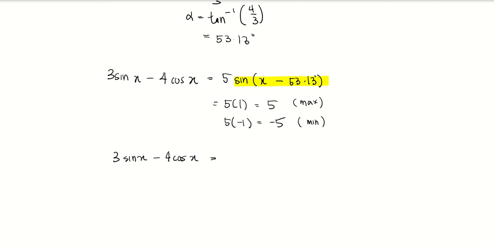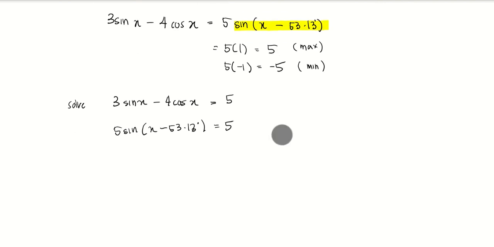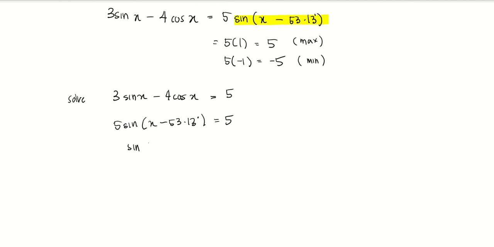The extreme value means the maximum value, which is equal to 5. So we need to solve this. To solve this, first we can change 3 sin x minus 4 cos x to 5 sin x minus 53.13 equals 5. So divide both sides by 5, we get 1. So sin x minus 53.13 is equal to 1.